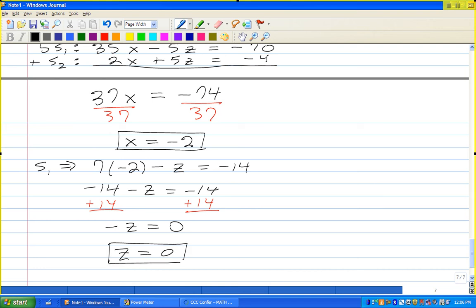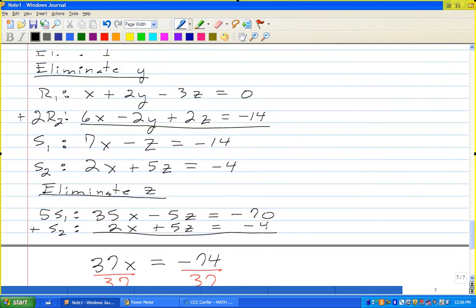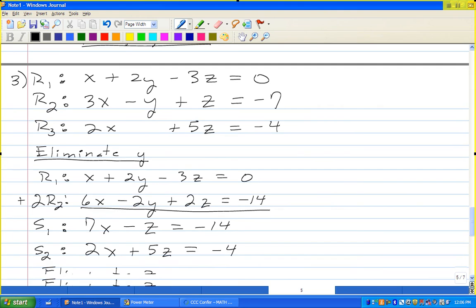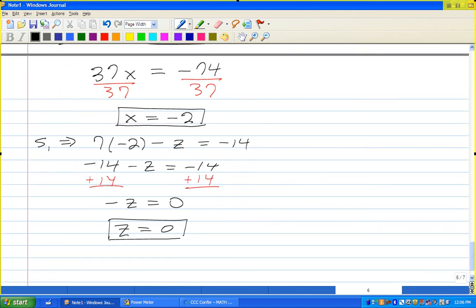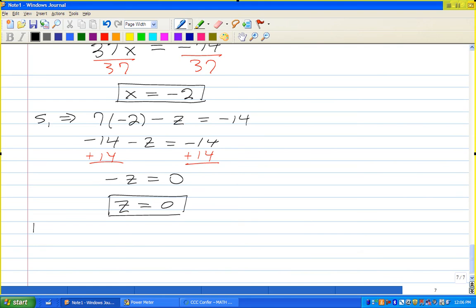Now all I have to do is solve for y. Let's say we do it in the second equation. And so let's use R2. So R2 says 3x minus y plus z equals negative 7.